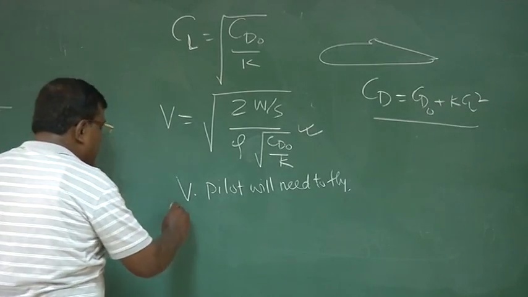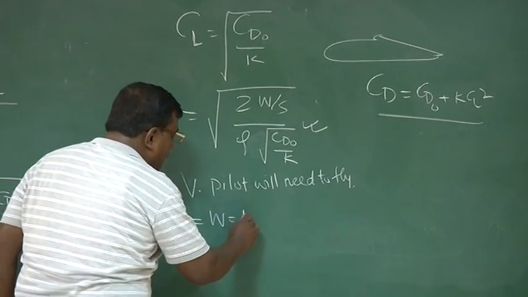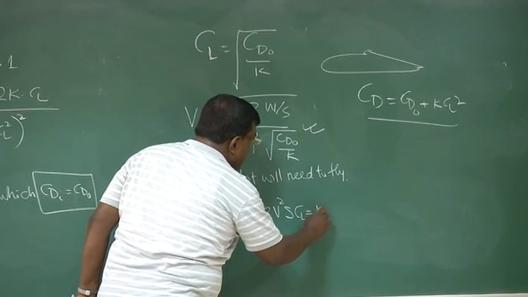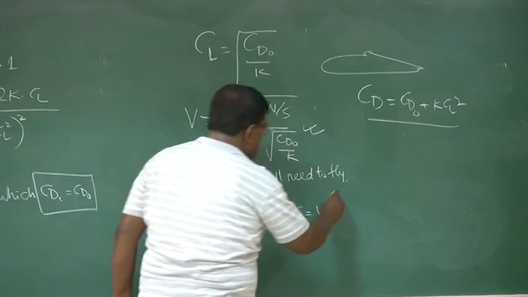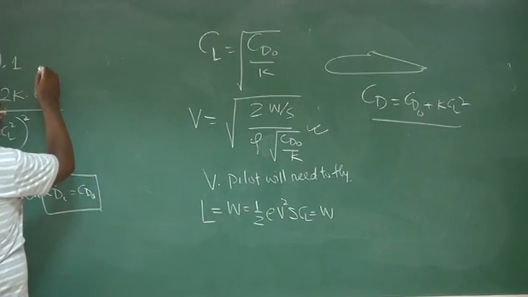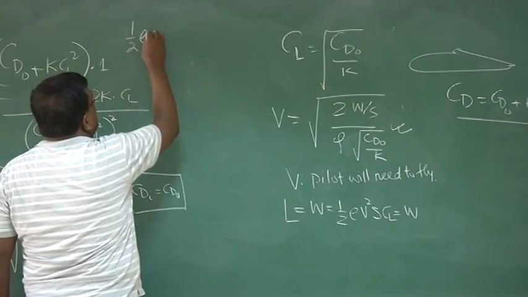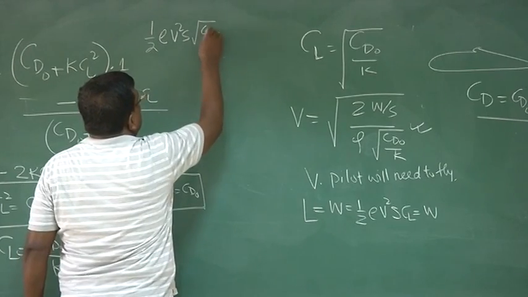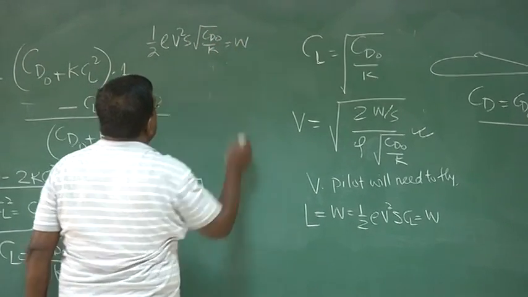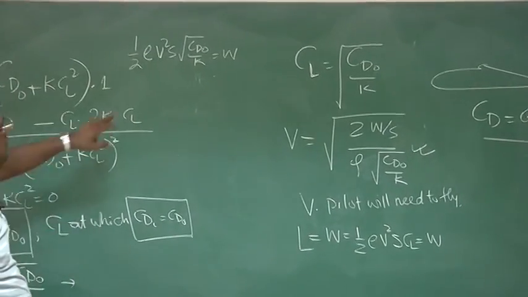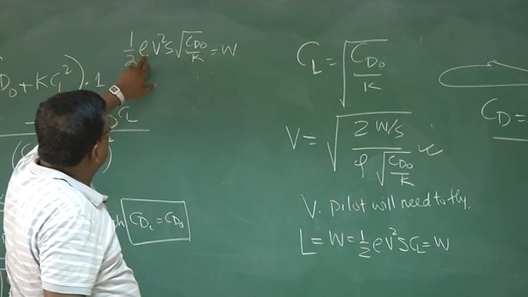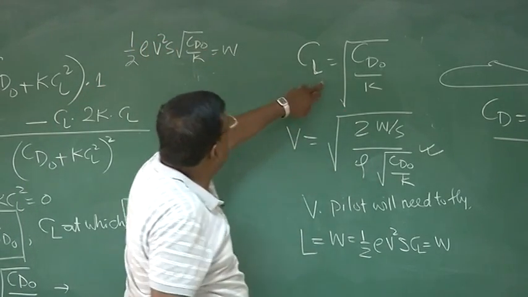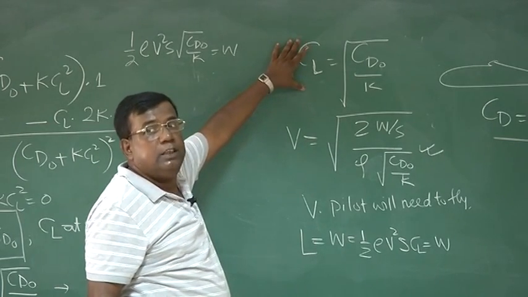So you have to also ensure that lift equals weight, that is half rho V square S CL equal to W, where CL is the value of CD naught by K. So it's very clear from here that CL is fixed because of CD naught by K. You cannot have any other CL. CL is a fixed value.